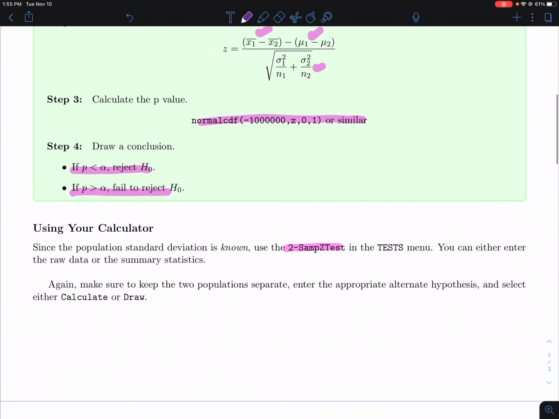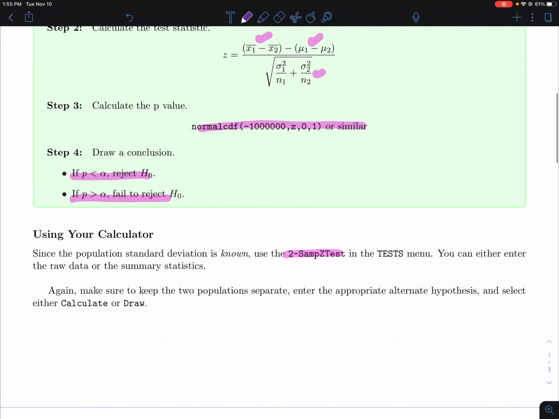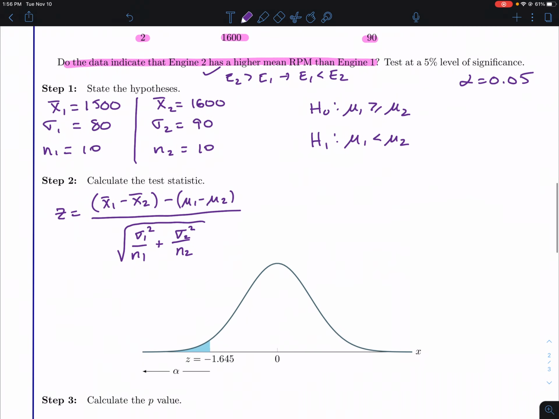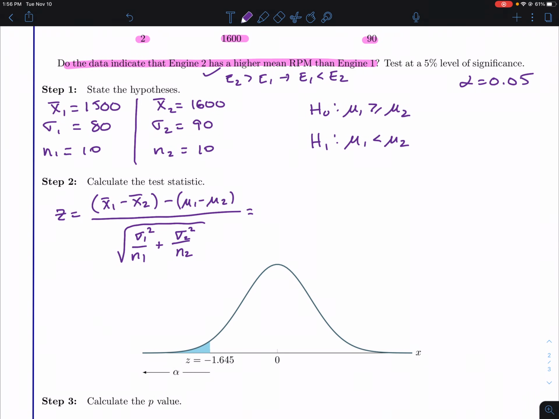So I think I got that all right. Yep, perfect. All right, so now let's just plug everything in. In this case, our sample mean for engine 1 was 1,500 minus x2, which is 1,600.